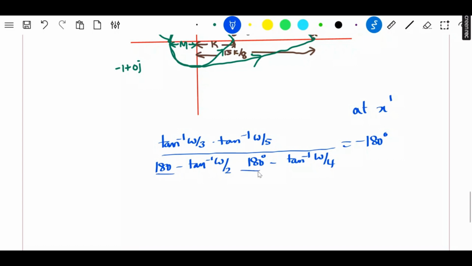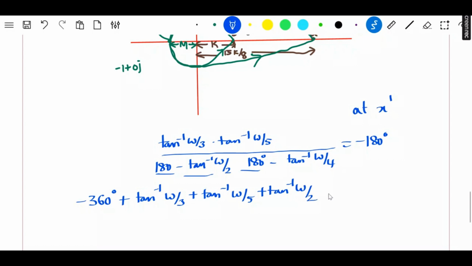The 180 and 180, if it goes to the numerator, becomes minus 360, plus tan inverse of omega by 3, plus tan inverse of omega by 5, and this minus tan inverse of omega by 2 becomes plus tan inverse of omega by 2 if it goes to the numerator, and this minus tan inverse of omega by 4 becomes plus tan inverse of omega by 4 if it goes to the numerator.